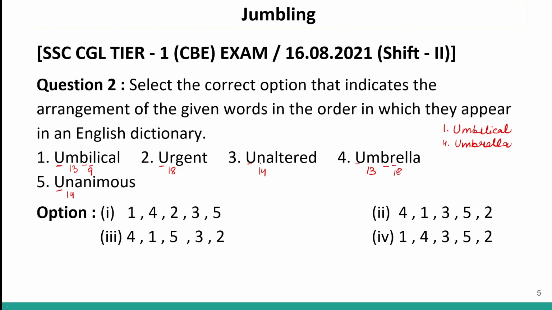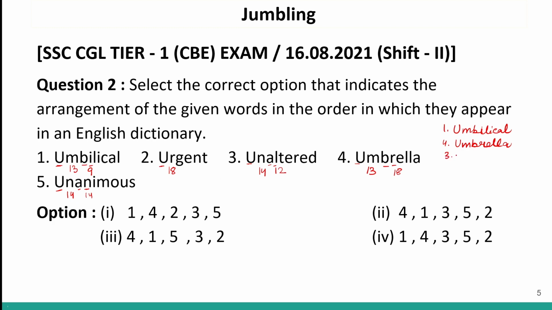Then we'll get unaltered or unanimous. So unaltered, the next letter is A, and over here also A. Correct? So move on to the next letter. Next letter is L. L is 12. And over here the next letter is N, and N is 14. So obviously 14 12 will come before 14 14.